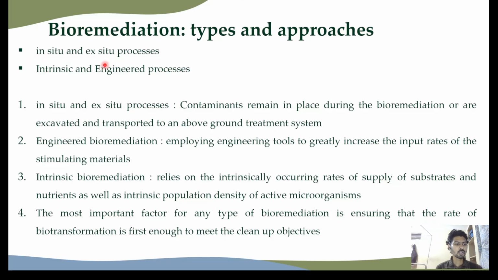So what is in situ? The term itself denotes it is in. That is, the remediation will take place on-site, at the location of the treatment. So the contaminants remain in place during the bioremediation. We call this the in situ process.